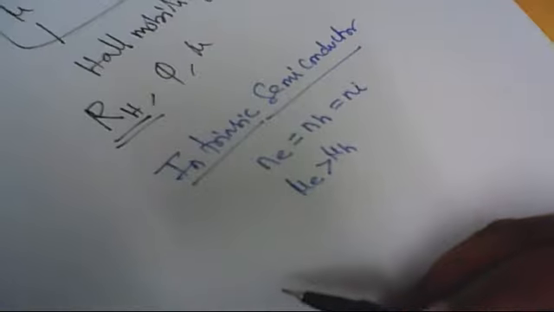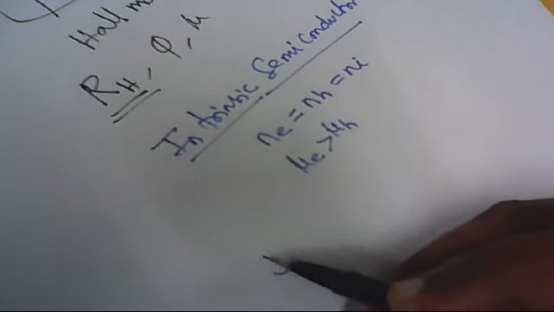So in this case, the current density Jy along the Hall field direction can be written by two terms, that is minus Ne.